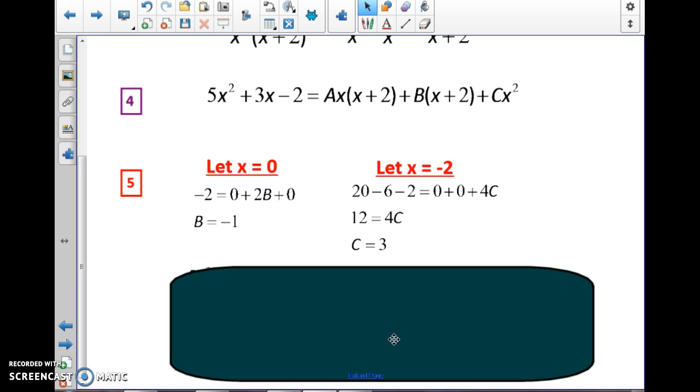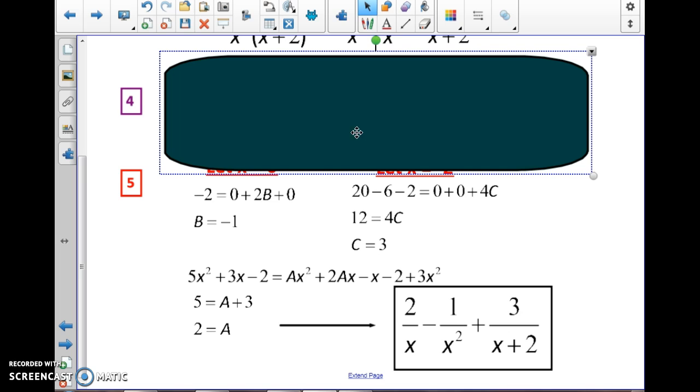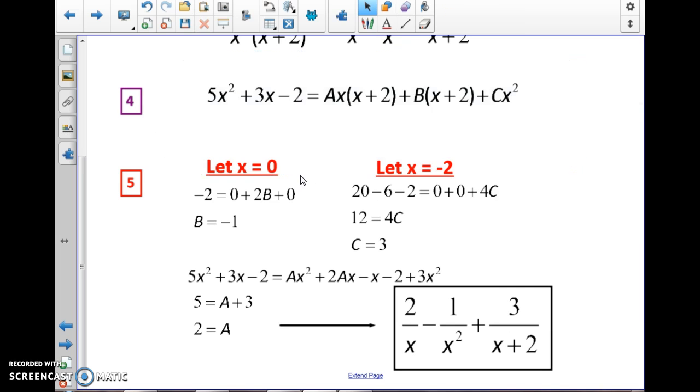If you start to figure out the pieces of this, there's less steps you actually need to take. Okay, so I substituted, I distributed. So I have ax squared plus 2ax. And then if b is -1, I get -x. And then -2 when I distribute. And then again, if c is 3, I have 3x squared.